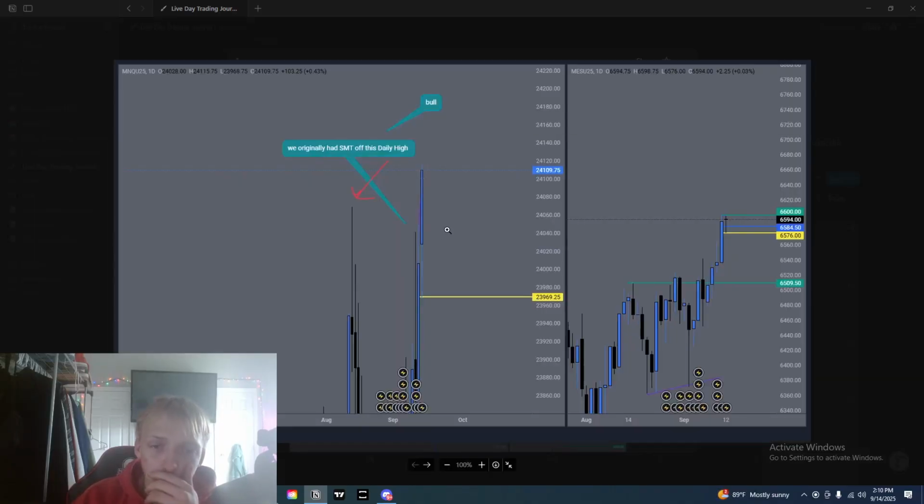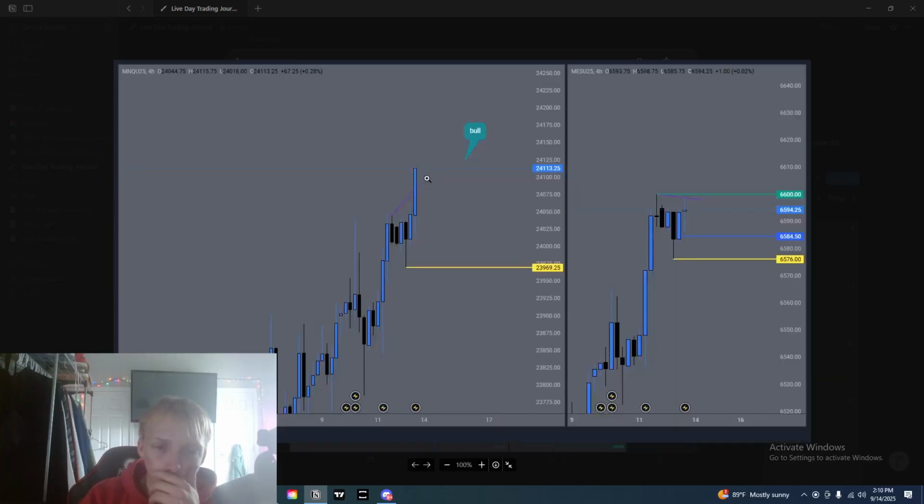So, here's our daily. We originally had an SMT off of this right here, before this candle, like at the beginning. Bullish, we had an SMT.